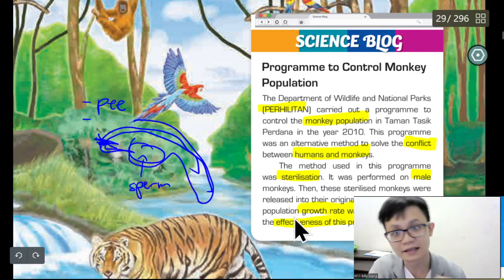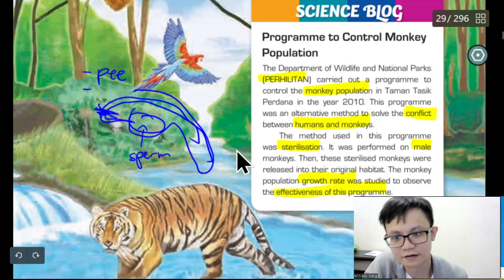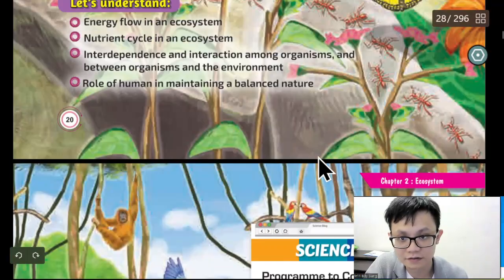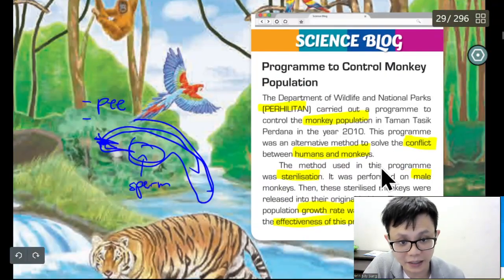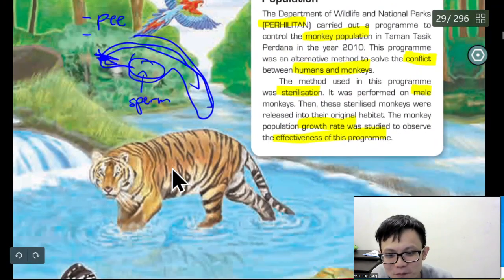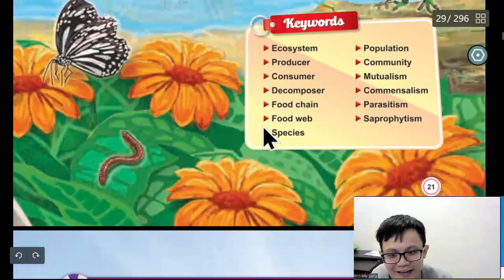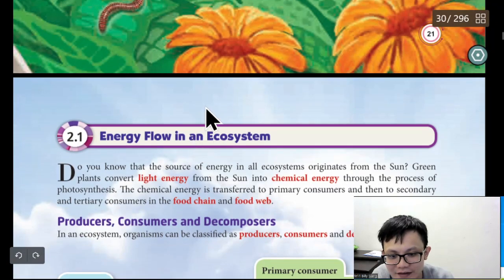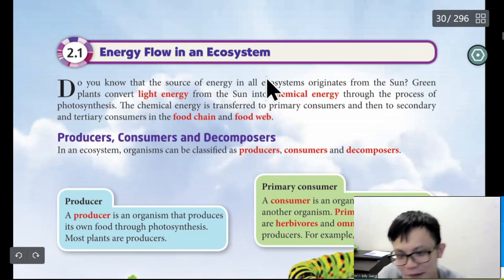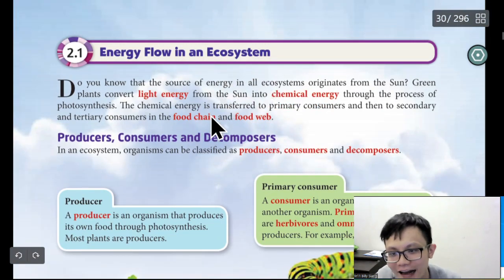Too many monkeys can attack you, right? Okay. So this is the relationship of monkey and human. Humans seem not to like monkeys, though they say monkey is your ancestor, right? Your grandfather is monkey. I don't believe that, but if you do, then okay.